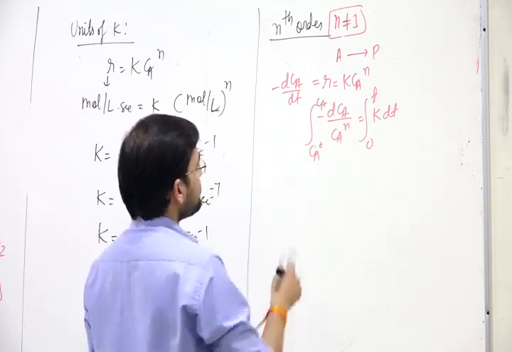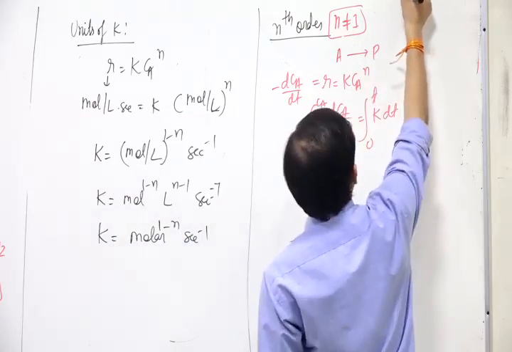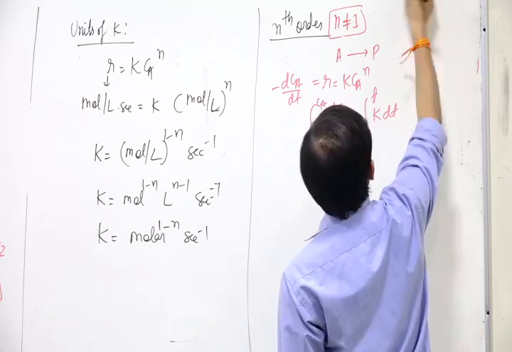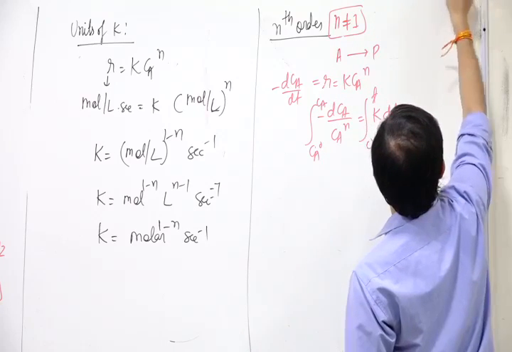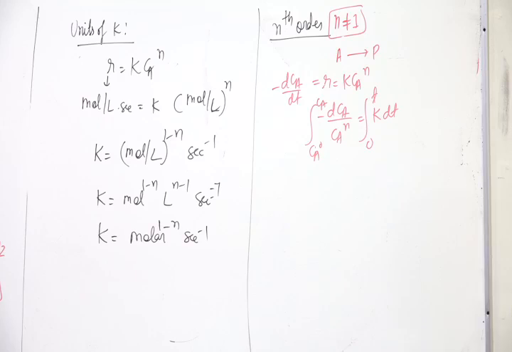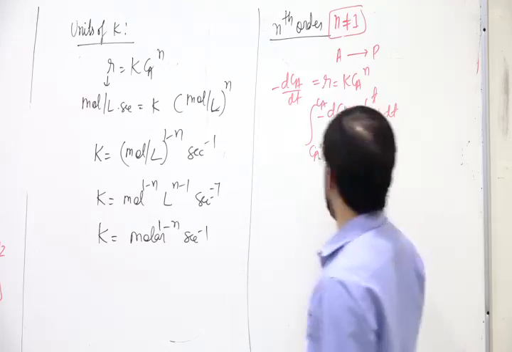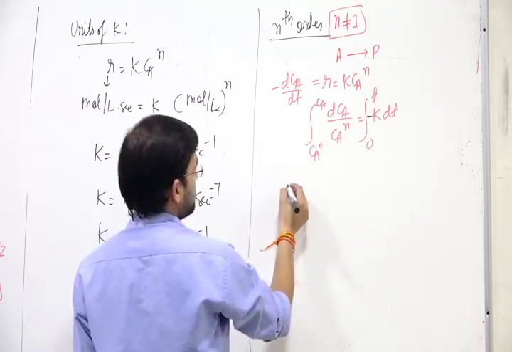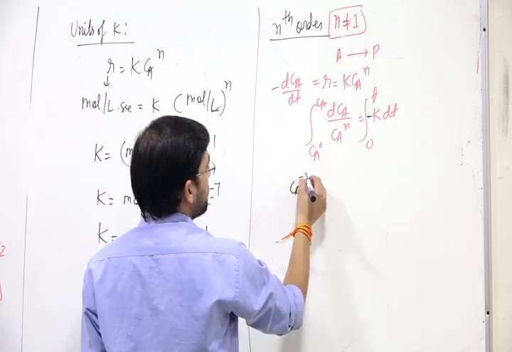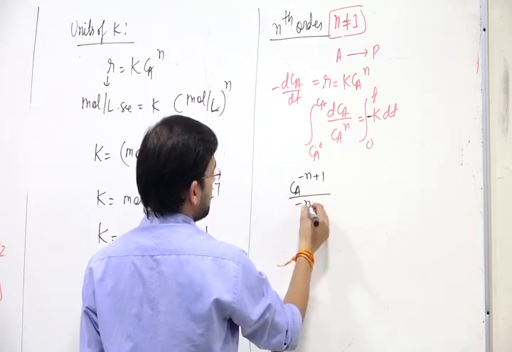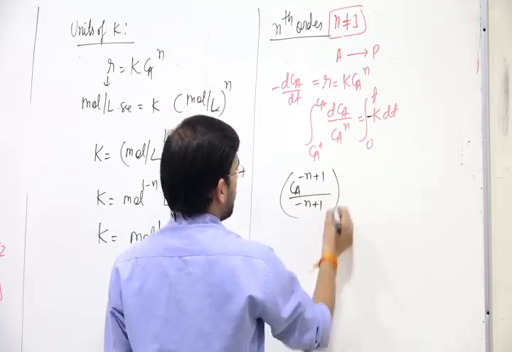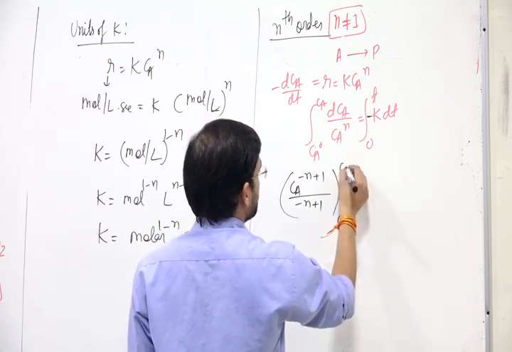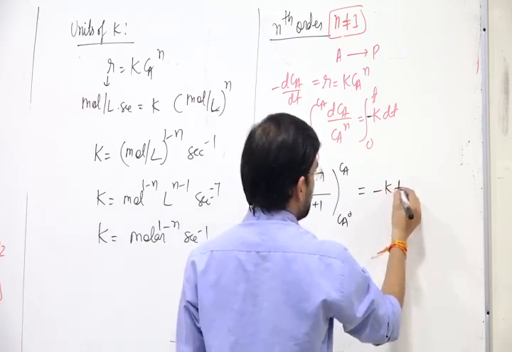Now, whenever you integrate x power n dx, it comes as x power n plus 1 by n plus 1. Here the power is minus n, so that minus we write there. Then what happens is this: Ca power minus n plus 1 by minus n plus 1, Ca naught to Ca, equals Kt.